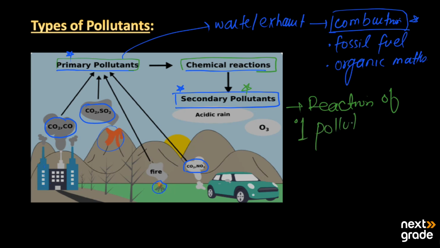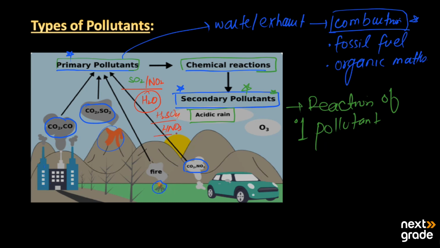One most important example of a secondary pollutant is acid rain. When sulfur dioxide, SO2, and nitrogen dioxide react with the rain water or the water present in the atmosphere, they make sulfuric acid and nitric acid.